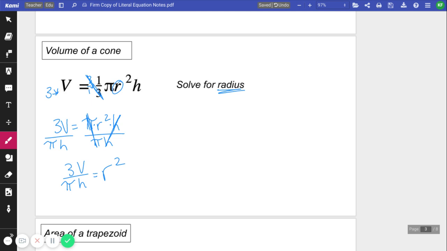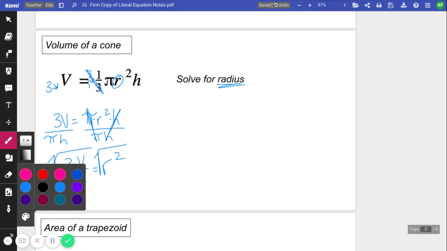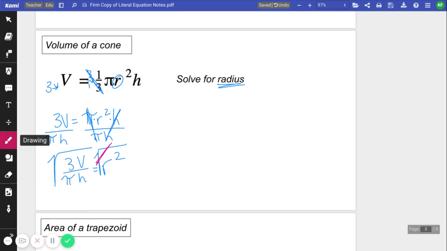Now to get r by itself, I see r squared here. If I'm squaring something, the opposite operation to undo that would be to take the square root. So when I take the square root, the square root cancels out the squared.